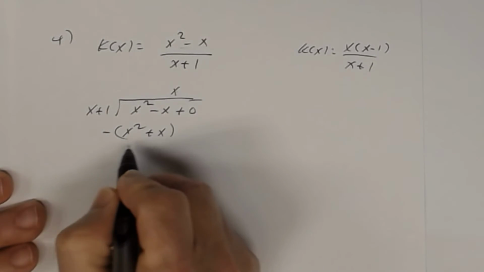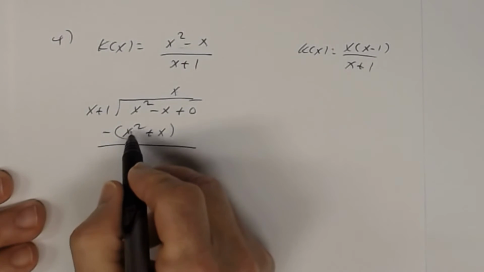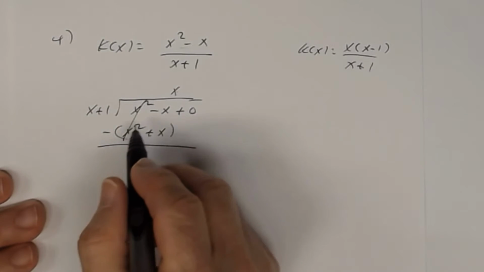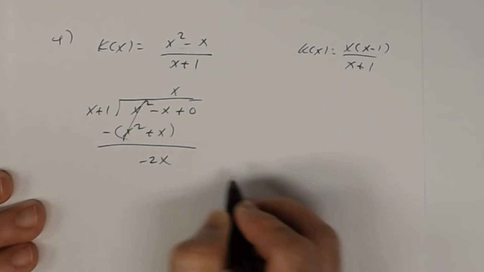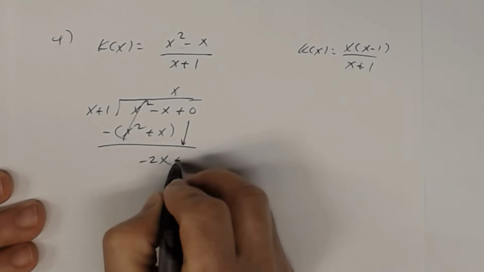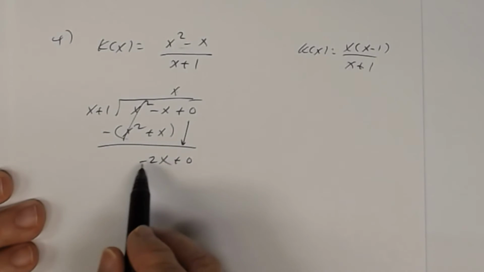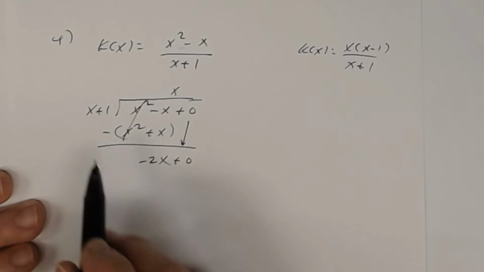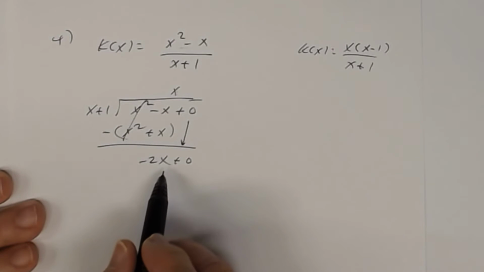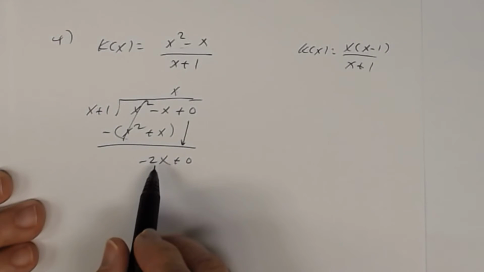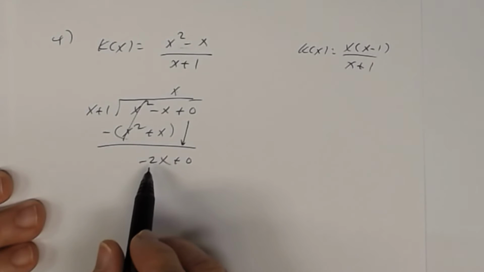Then you subtract. x squared minus x squared is 0. A negative x minus x is a negative 2x, and then plus 0. I can divide again because the degree here is 1 and the degree here is 1. You stop whenever the degree of the remainder is less, and it's not less yet.